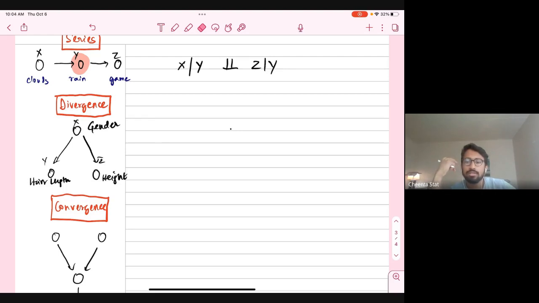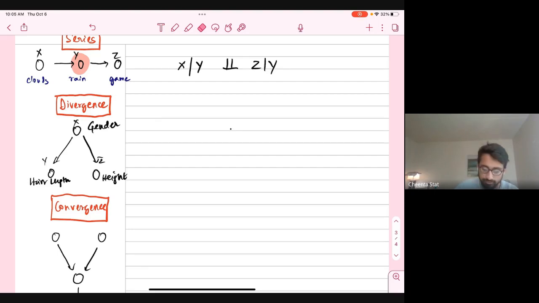So you have to take attributes that are not related to each other. Hair length and height are not related to each other, but they are related via a latent variable, the gender variable. So you can find a correlation, but via the latent variable. So hair length, given the gender and height, does not matter.